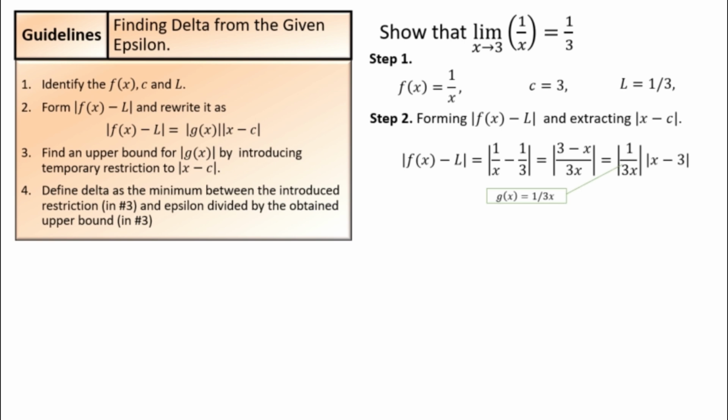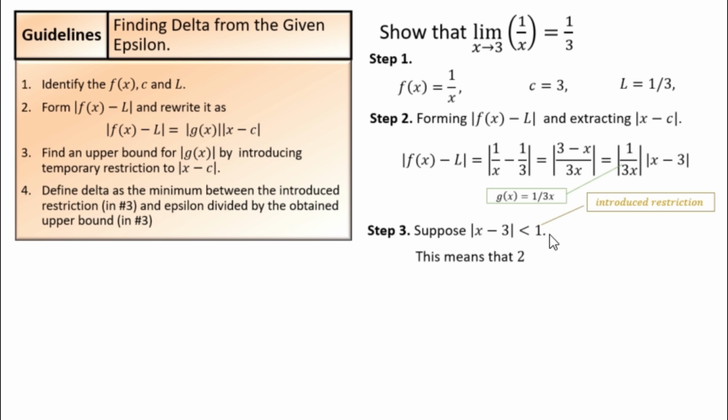Step 3, find an upper bound for the absolute value of g of x by introducing a temporary restriction to the absolute value of x minus c. This can be any number, but there are some restrictions to choosing.